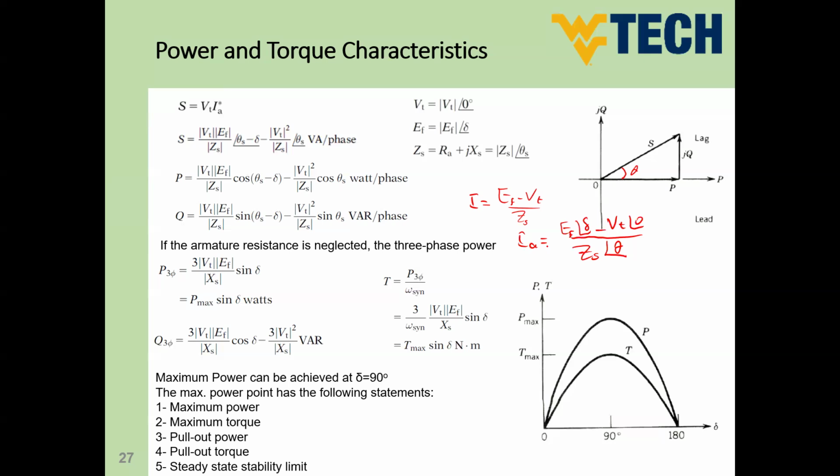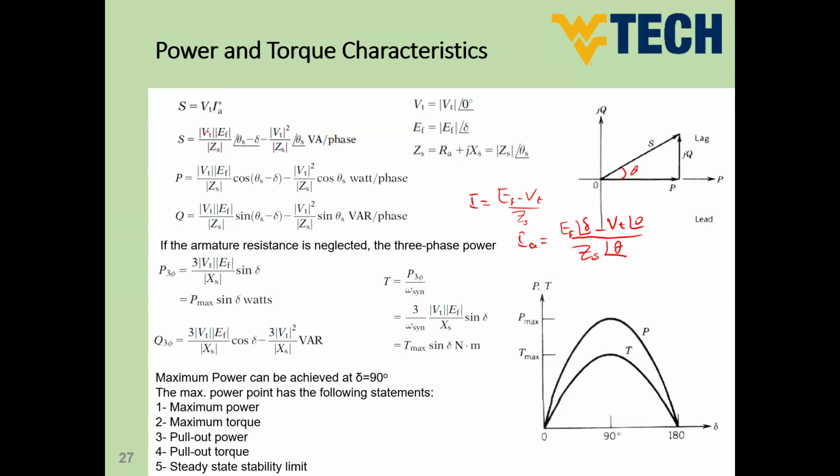If you do that and substitute here with I conjugate and multiply the current times V terminal, this would be V terminal times EF divide Z at angle, it should be delta, because here you multiply two vectors, so the angles will be added. And here you have it in the denominator, so the angle of the denominator will be subtracted.